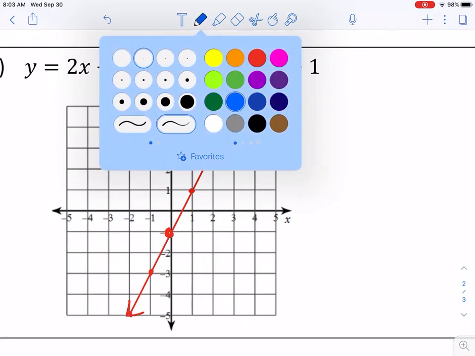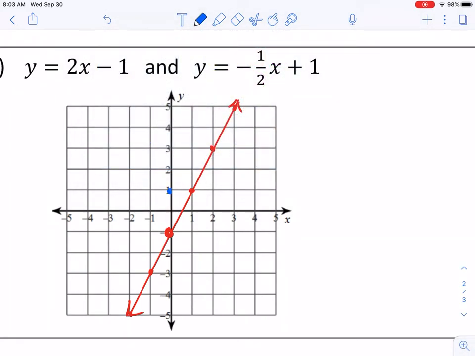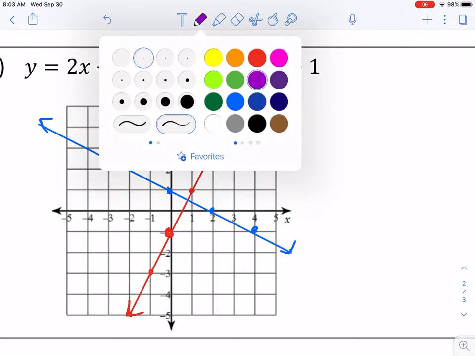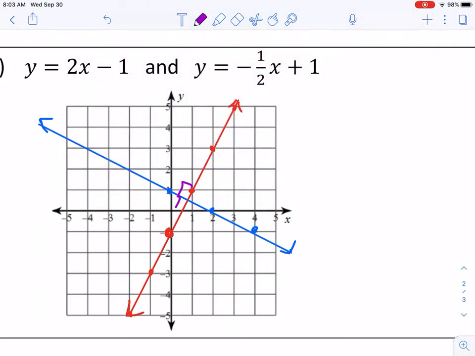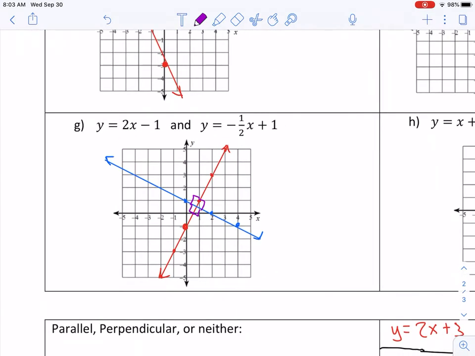In blue, +1, and I can move down 1, right 2. Somewhere there. And these create my right angles. So perpendicular lines, they happen when we have the opposite reciprocal slope.